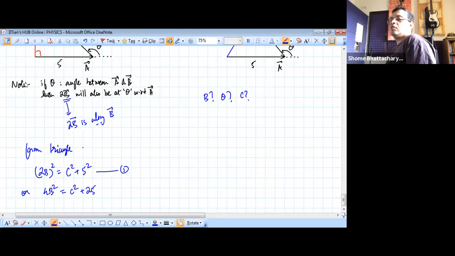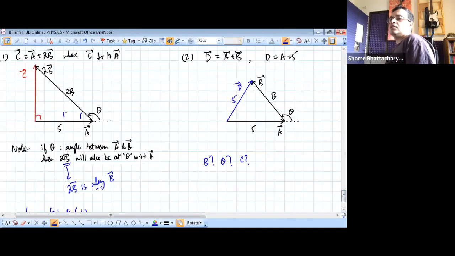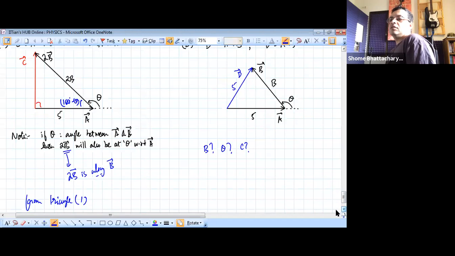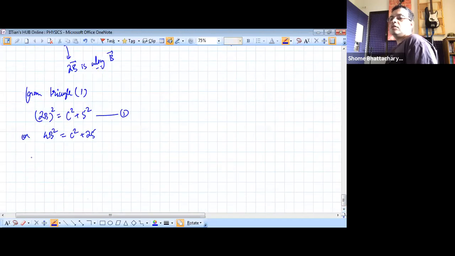Triangle 1. The other thing is, in this triangle you can see that if this angle is theta, then what about this angle? It is 180 minus theta. So cos of 180 minus theta is how much? Base upon hypotenuse. So cos of 180 minus theta will be the base, which was 5, upon the hypotenuse, which was 2b.